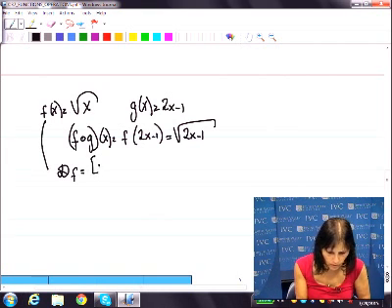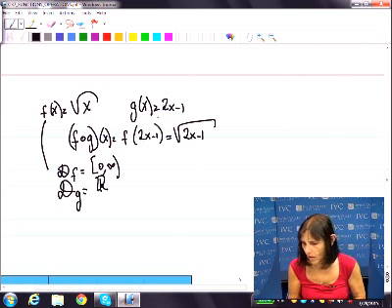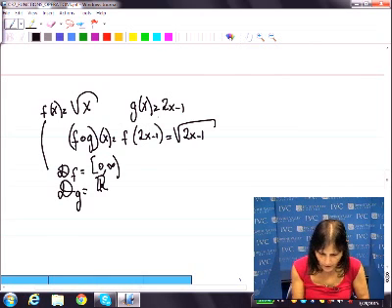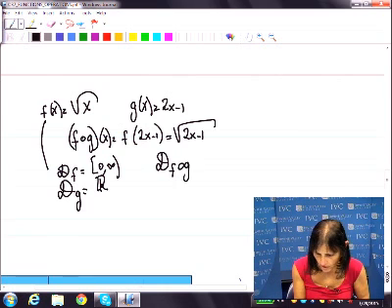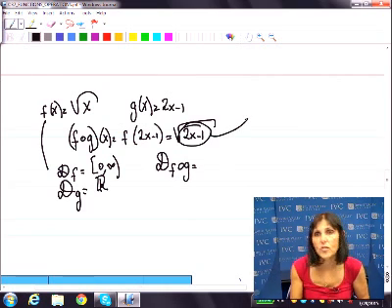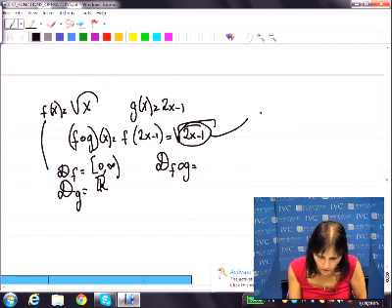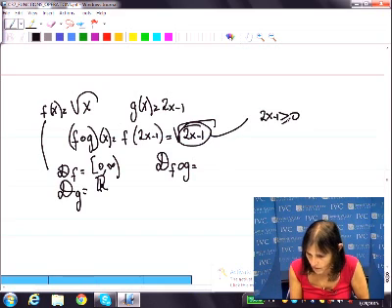What does that mean? So let's look at the domain of f first. Domain of f is 0 to infinity. What is the domain of g? The domain of g is all real numbers because it's just a line. But what is the domain of f composite g? What does this give me? This has to be positive, right? 2x minus 1 has to be greater than or equal to 0.